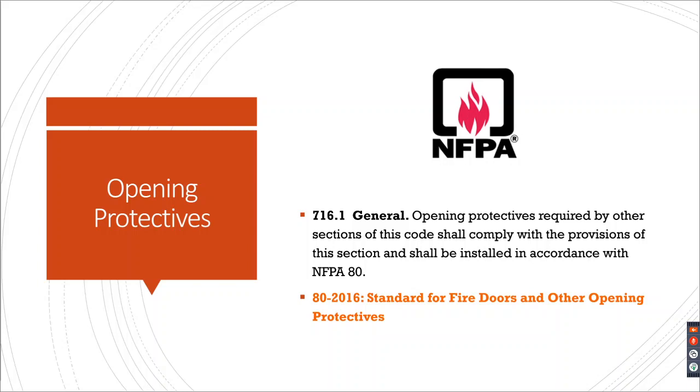And NFPA 80, for those who aren't familiar, is the standard for fire doors and other opening protectives. So if the code requires these openings, and these openings have to be protected, they have to comply with this section, and they have to be installed in accordance with NFPA 80. So always make sure to look at both.